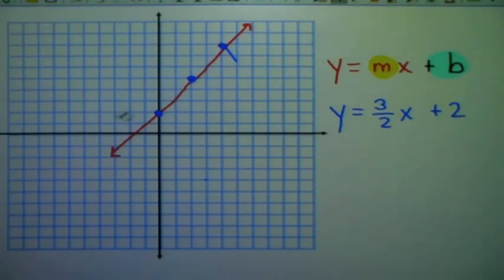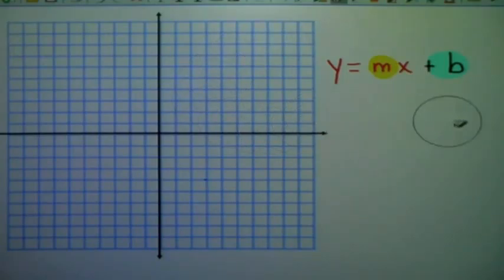Let's look at another example. Let's say we have this graph right here. Again, let me highlight a few of those points so that they're easy to see. We've got a point here, and in case we need it, we do have a third point down there.